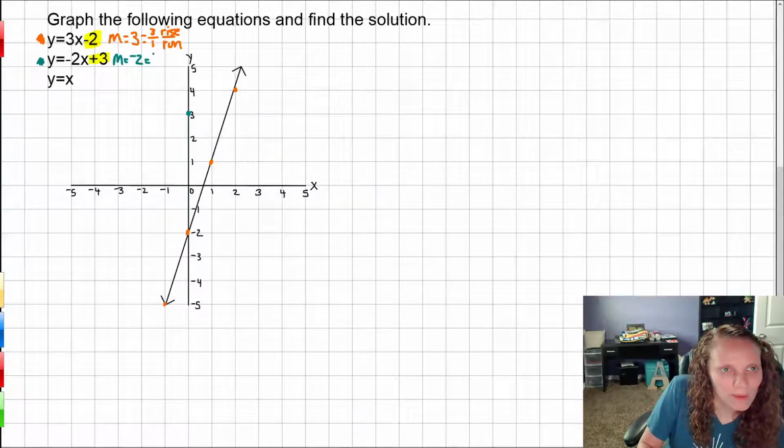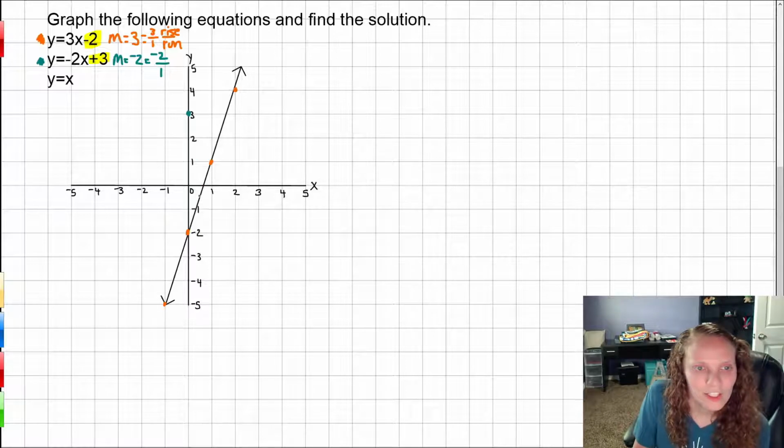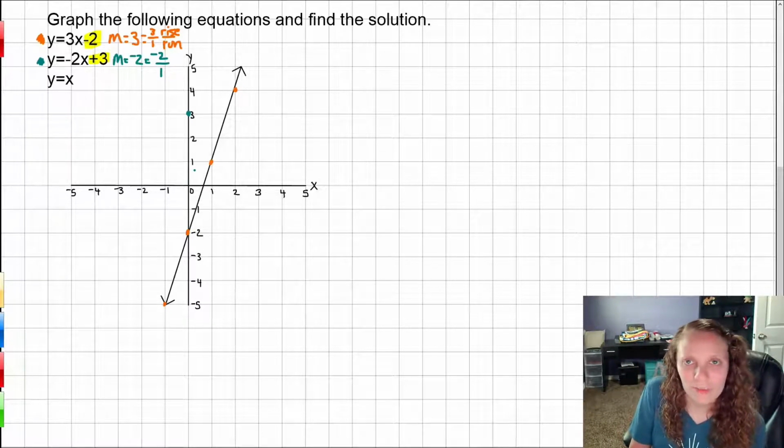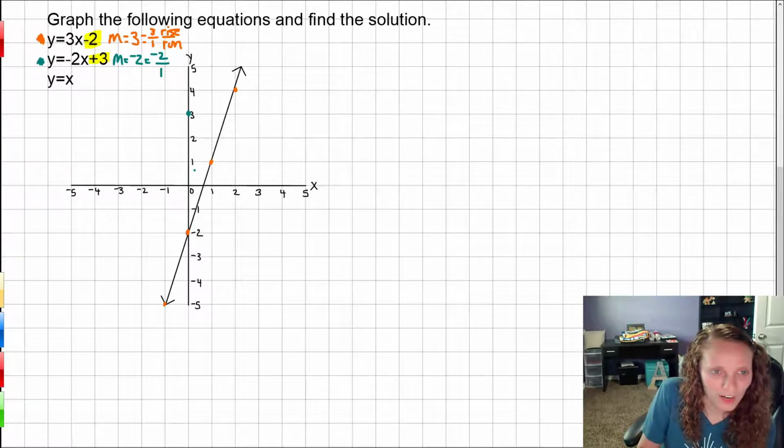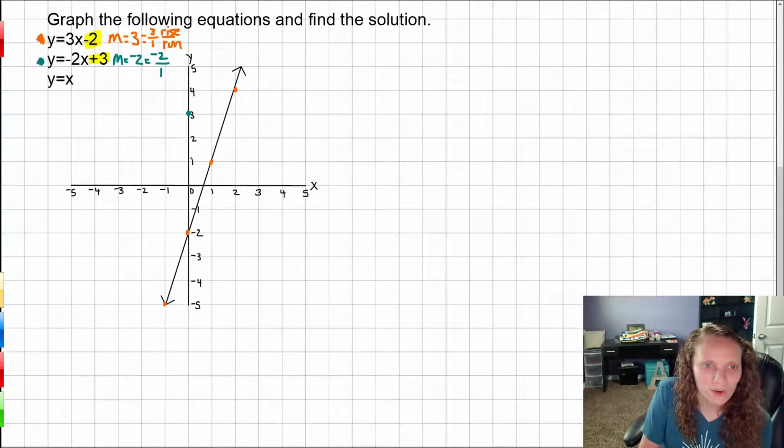It's the same as -2/1. So when we make our line, we have to make sure that's going down from left to right. So we have our point here at 3. And we go down 1, 2, and then we need to know whether we go left or right. If I went to the left, that would create a positive line. So I'm going to go to the right and put a dot.